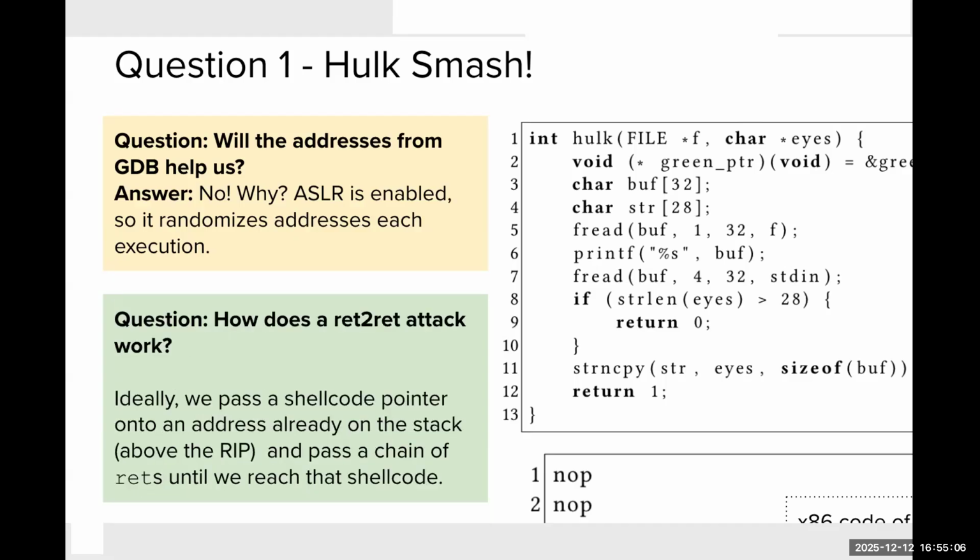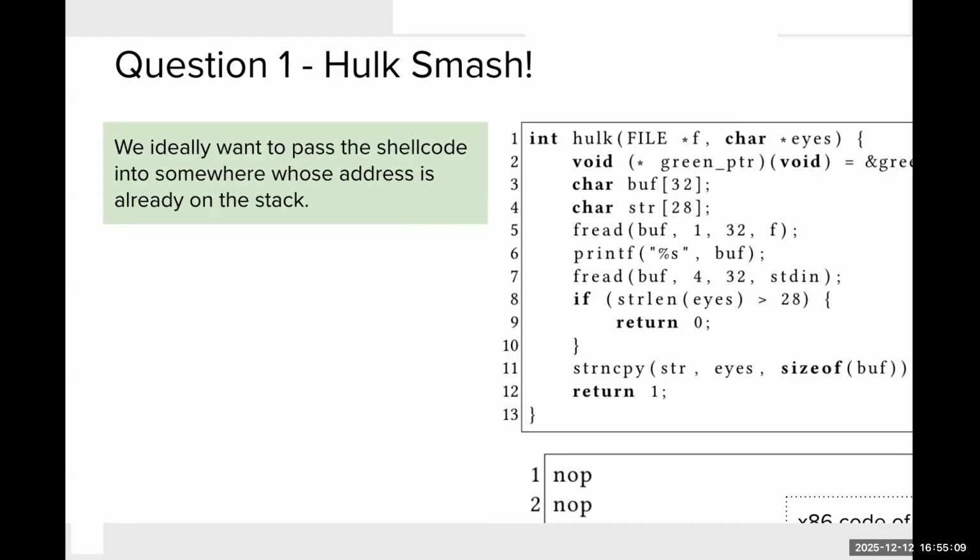So the first step that needs to happen is that we need to put the shellcode somewhere in the program where there exists a pointer that points to it already. So here the only place that we can really put the shellcode is into this I's argument, because it is a pointer and it's like a string basically.